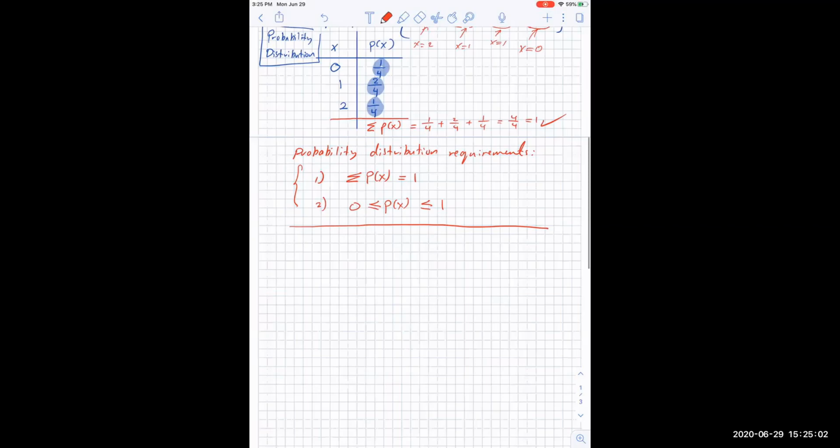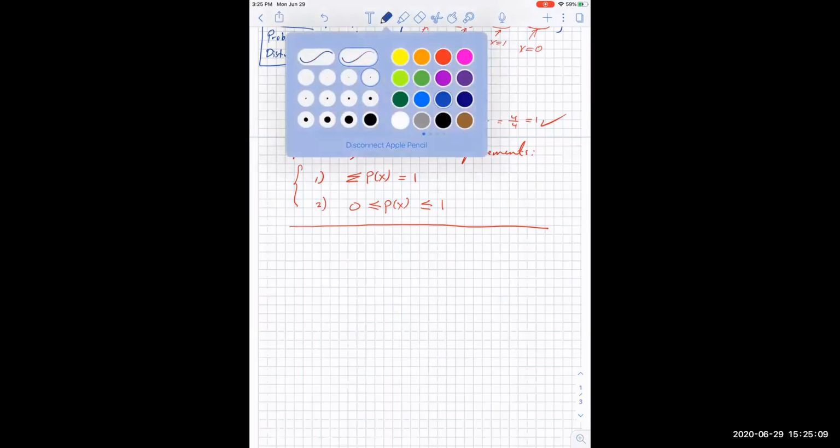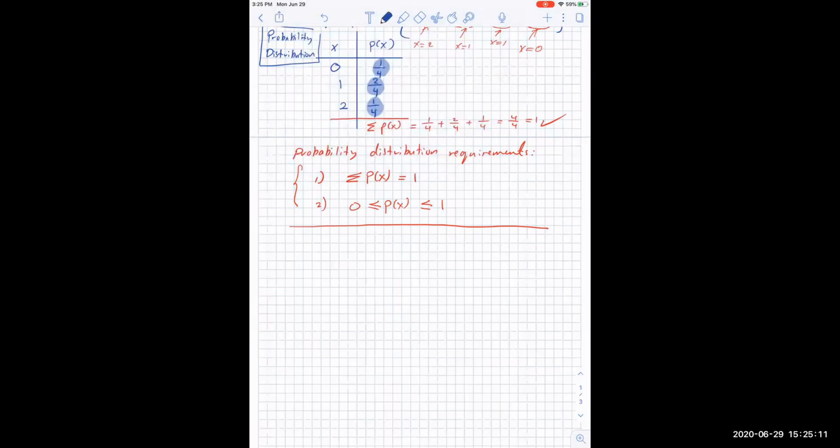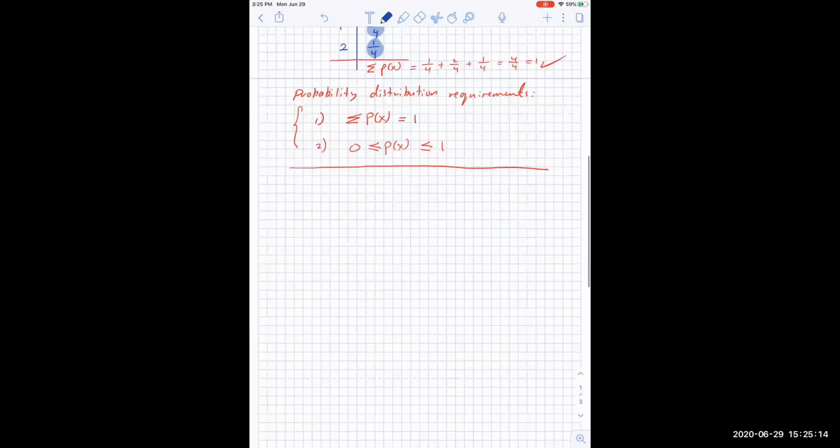All right, let's take another case and construct a probability distribution.